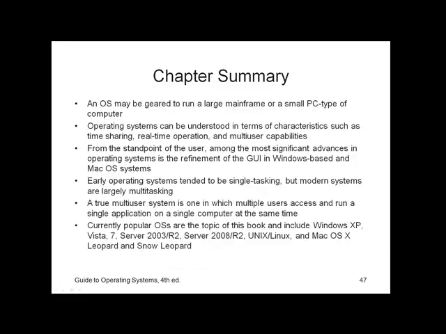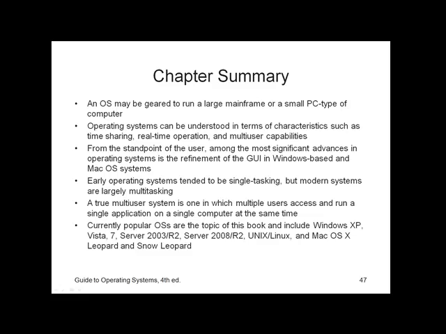An operating system may be geared to run a large mainframe or a small PC type of computer. Operating systems can be understood in terms of characteristics such as time sharing, real-time operation, and multi-user capabilities. From the standpoint of the user, one of the most significant advances in operating systems is the refinement of the GUI in Windows-based and Mac operating systems.